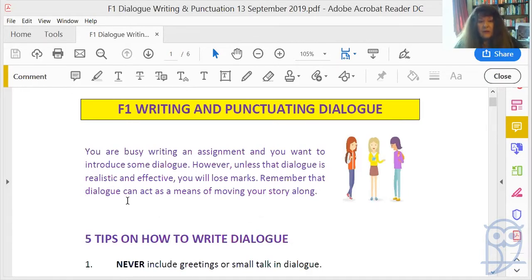Remember that dialogue can act as a means of moving your story along. How many times have you watched a movie and there's no writing in there to tell you what's going on? It's more about, wow, whatever the characters are saying, it's showing you their character and it's showing you how the plot is going.